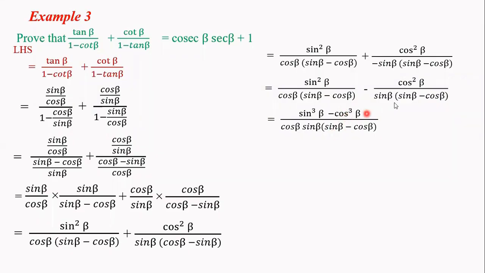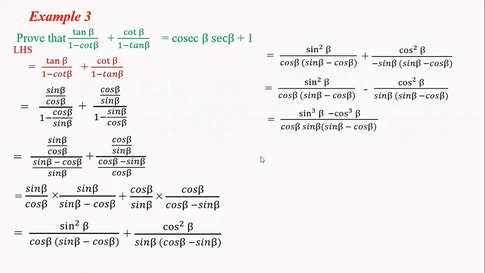Here in the second term, this cos square beta is multiplied by cos beta. Comparing the LCM and the denominator here, sine beta bracket sine beta minus cos beta is present here, and this cos beta is not there in the denominator. So cos square beta must be multiplied by this cos beta.